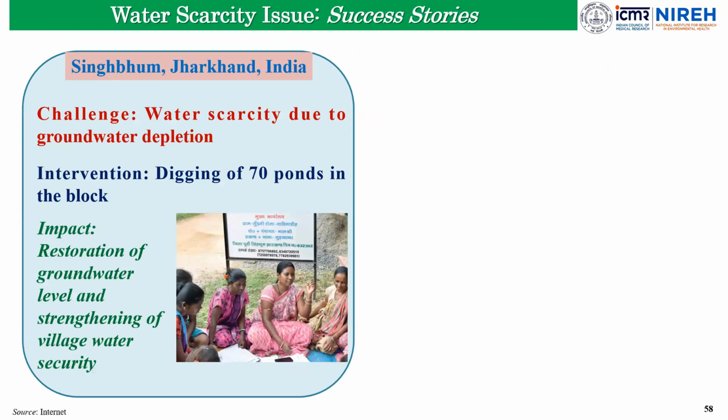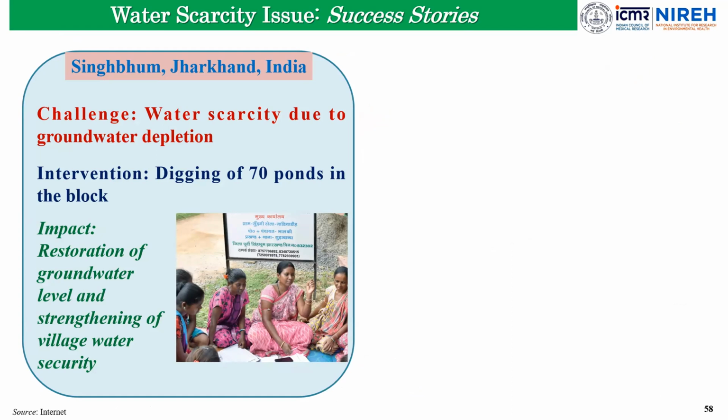This story I have taken from the Singhbhum district of Jharkhand, where the population felt water scarcity due to groundwater depletion. So what they did, I have mentioned human-made lakes and reservoirs, they dug up 70 ponds in the block.